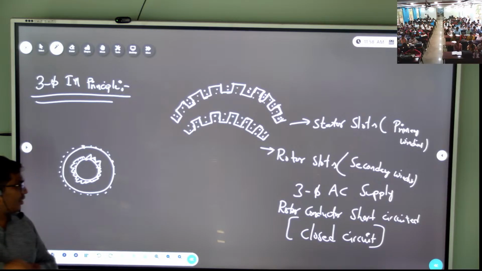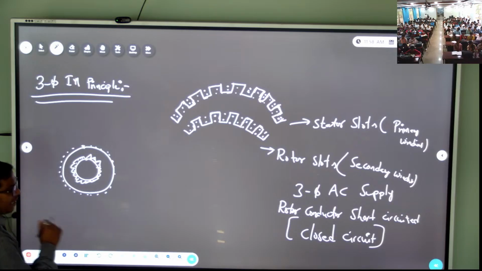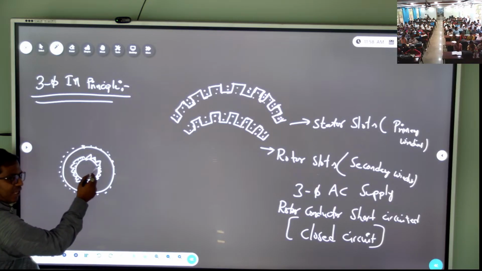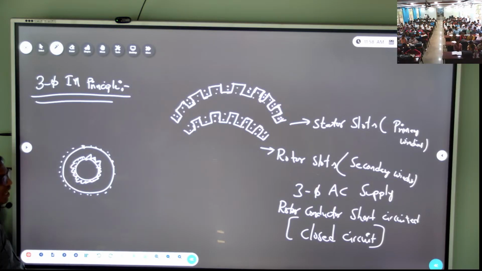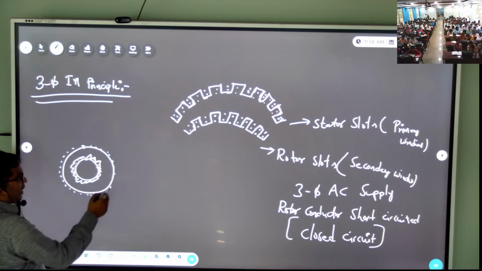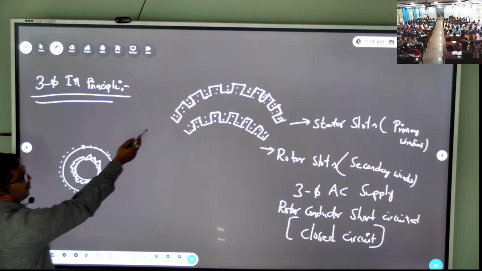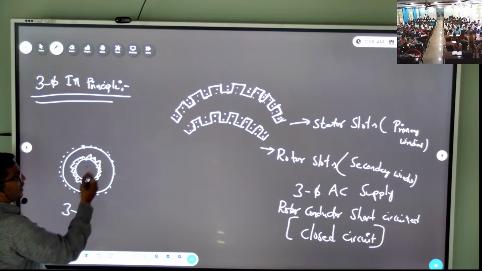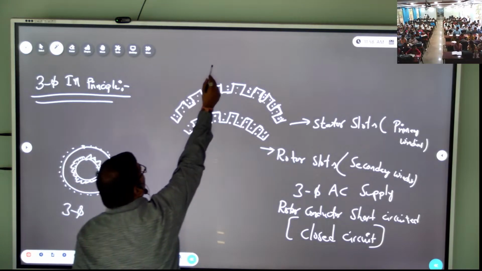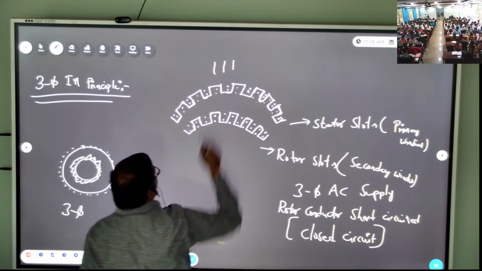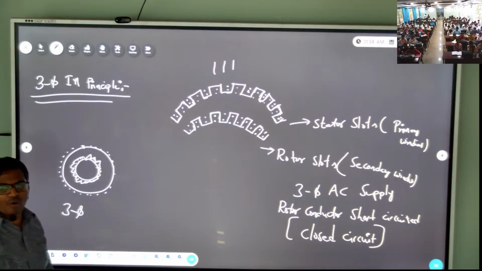Now what happens? Here the winding is there, the conductors are short circuited, and here also conductors are available. It is a three-phase connection, and three terminals, 1, 2, 3, are coming out of this.